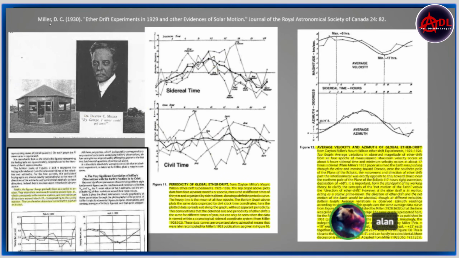All the while after the Michelson-Morley experiment, from 1905-ish to 1925, a man named Dayton Miller conducted, I forget how many experiments it was, but he did 5,200,000 interferometry measurements throughout 30 years, rather.